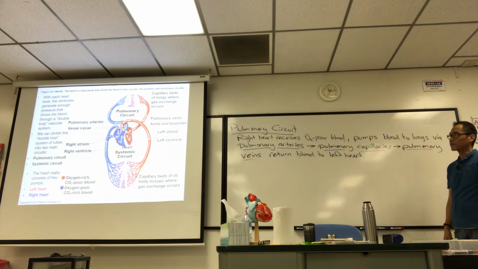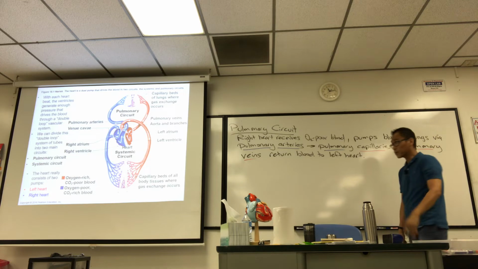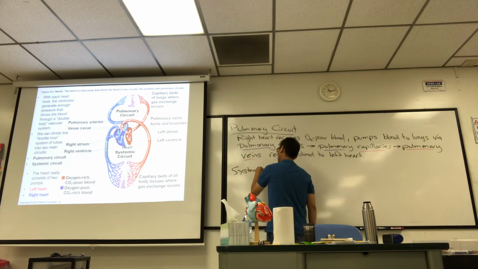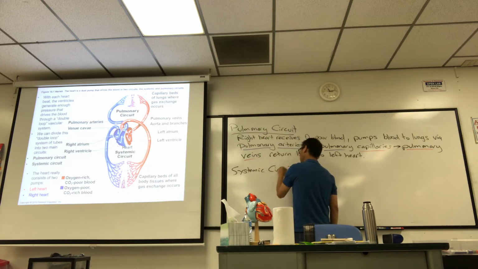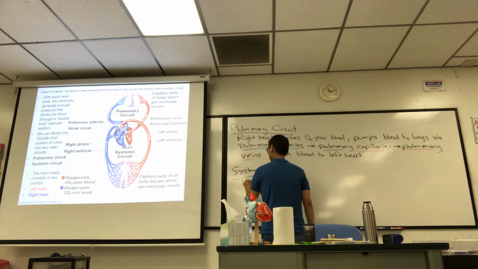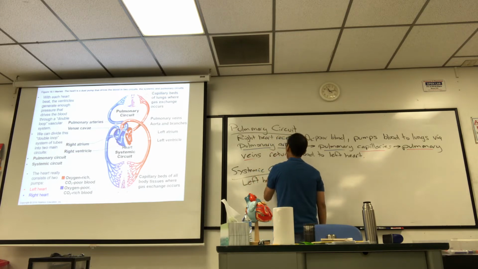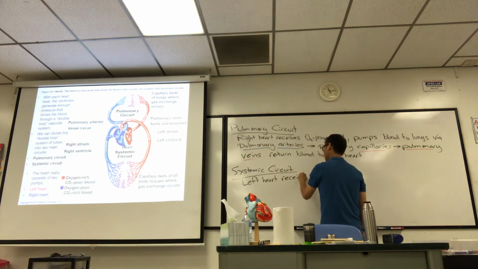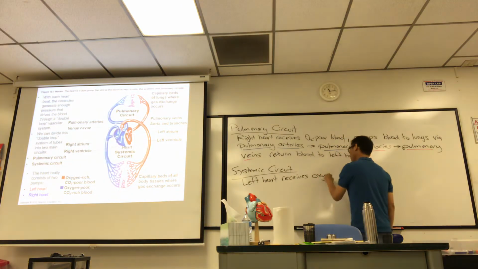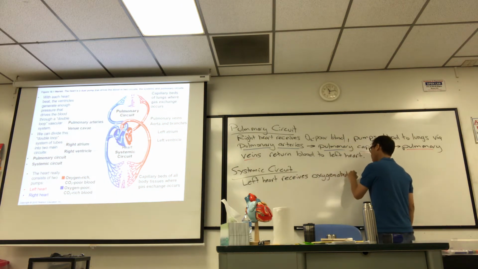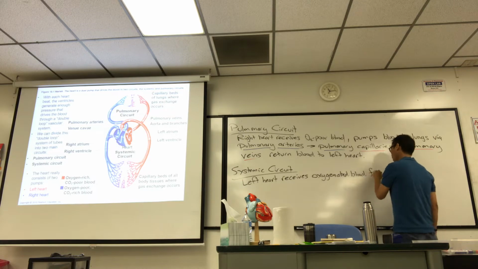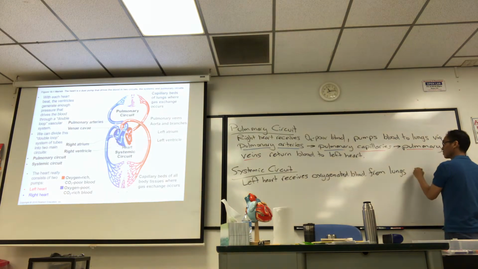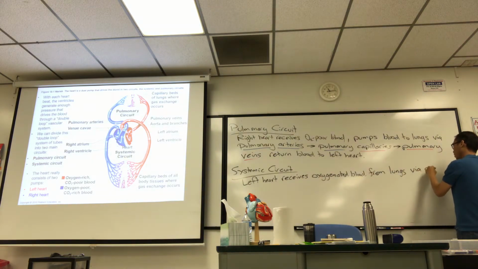So then you start from the left heart and talk about the systemic circuit. It's the job of the left heart to pump blood to the whole body. Left heart receives oxygenated blood from lungs, via pulmonary veins.